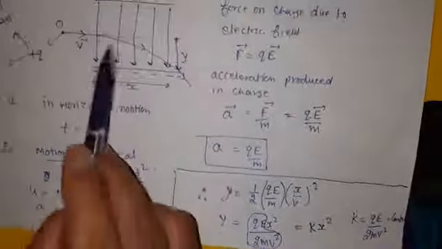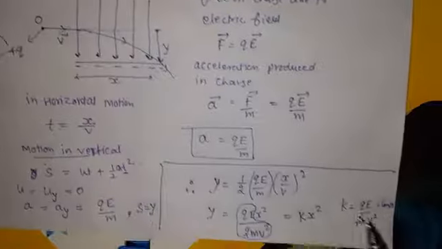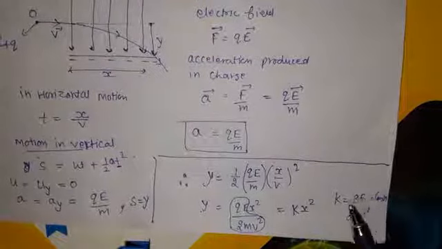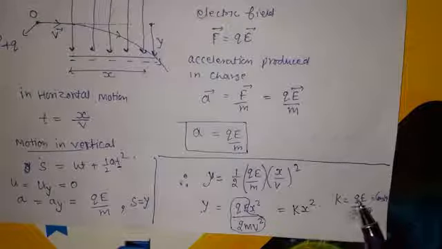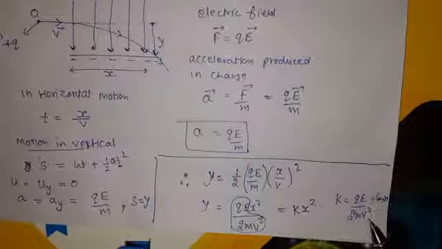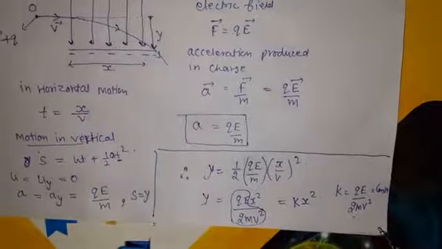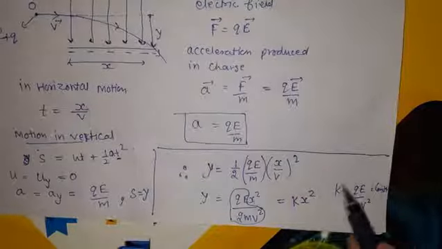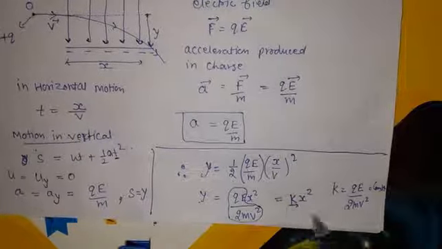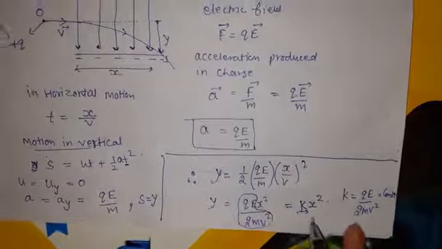You will find that the electric field is fixed, so it is not going to change. The charge is also fixed, its magnitude will not change, the mass of the charge is also fixed, and the horizontal velocity with which it enters is also constant. Thus we have taken k as constant, and we get the equation of a parabola.